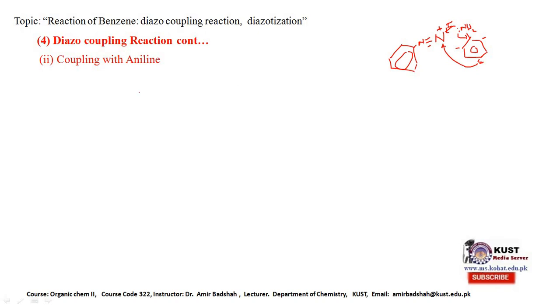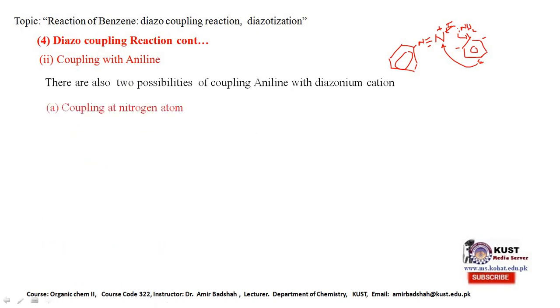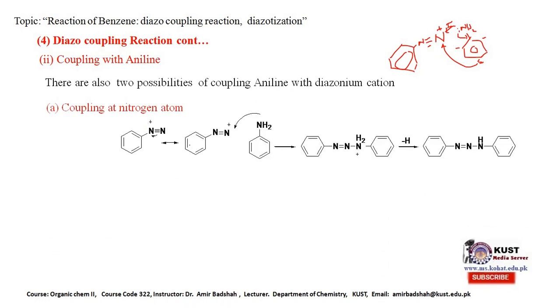So there are two types of coupling. There are two possibilities of coupling with aniline. The first one is the coupling at the nitrogen atom. You see here nitrogen, which has a lone pair of electrons, it is a nucleophile and attacks this nitrogen of the diazo group.